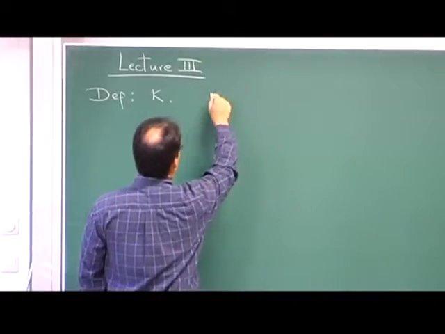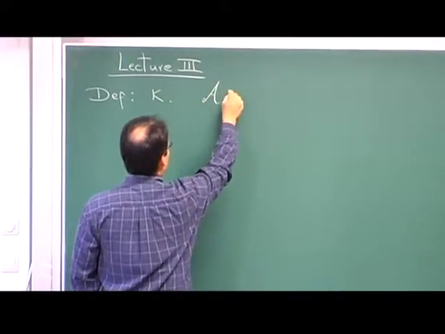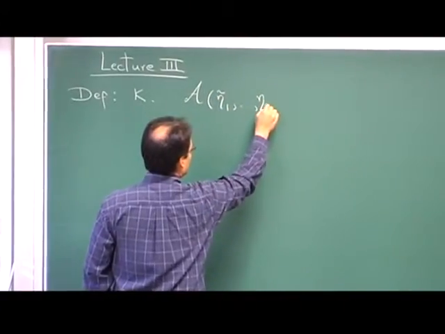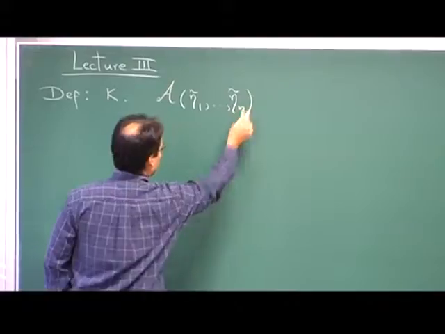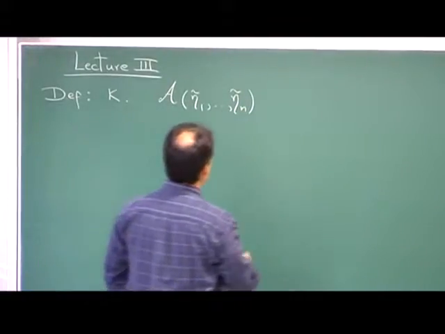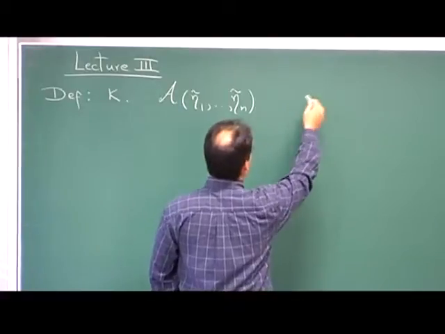So if you have any amplitude that depends on the Grassmann parameters eta tildes, we define K as follows.